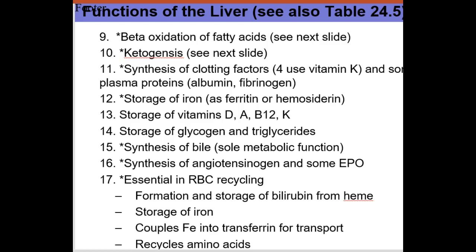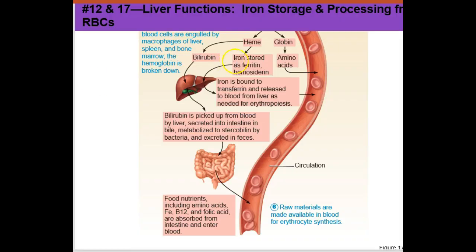So the last set of liver functions that we'll talk about go back to chapter 17, where we talked about manufacturing and recycling of red blood cells. So remember this picture from chapter 17, and up here we had hemoglobin, and that hemoglobin is split into the globin chains, which are made up of amino acids.